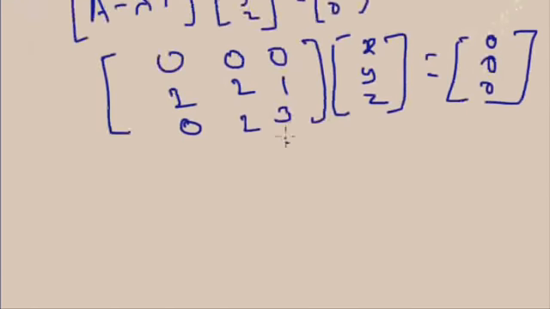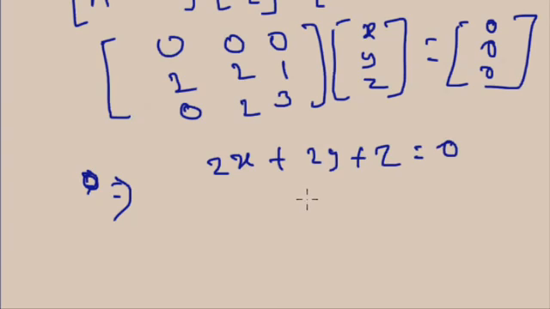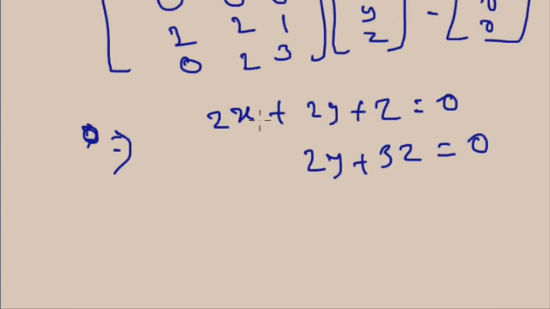Solving from the row of zeros I will not get any equation. From the others, 2x plus 2y plus z is equal to 0, and 2y plus 3z is equal to 0. Subtracting one equation from the other, I get 2x minus 2z is equal to 0.